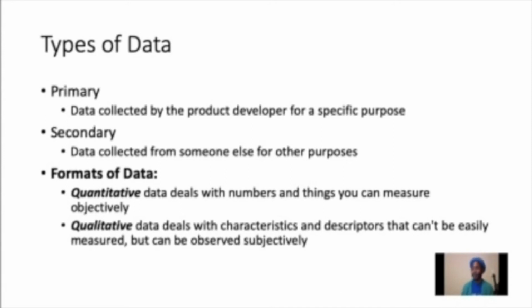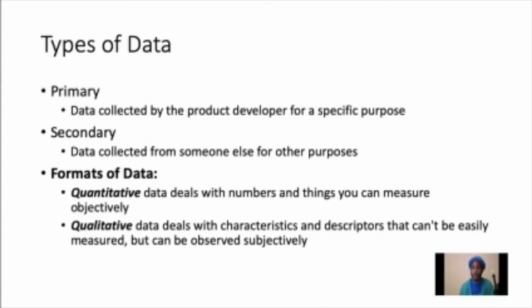But whatever type of data you're collecting, whether it's primary or secondary, data comes in two formats. So you have quantitative data, or data with numbers. This is a lot of your statistical data, a lot of your percentage data. This is data that you can measure with numbers objectively. And then you have your qualitative data.